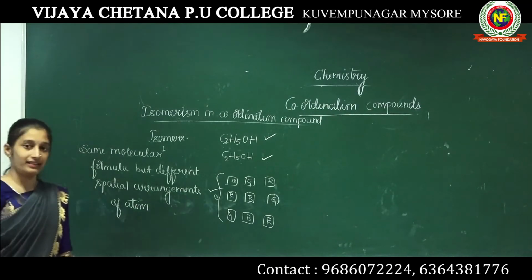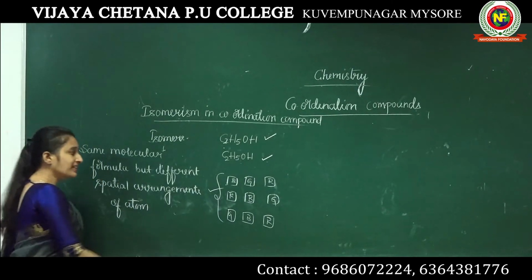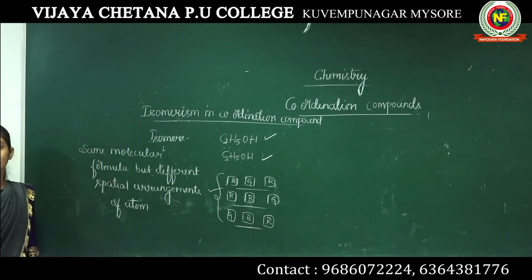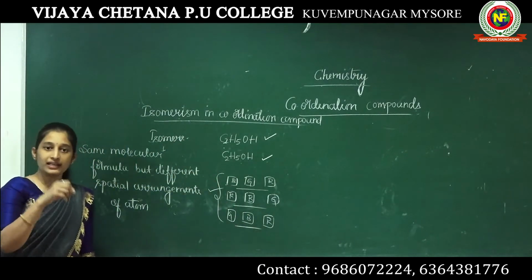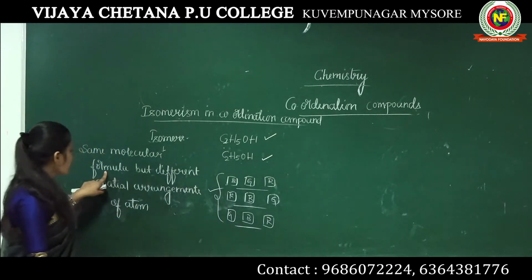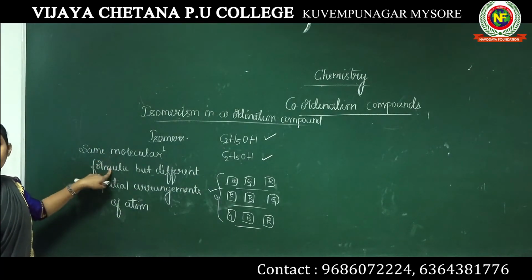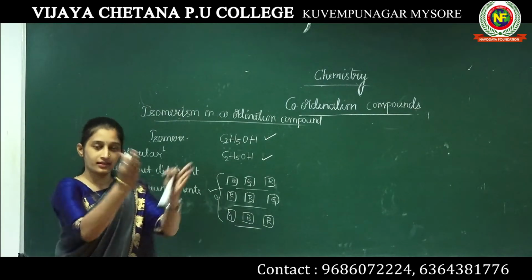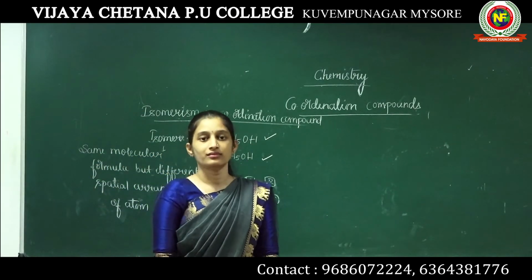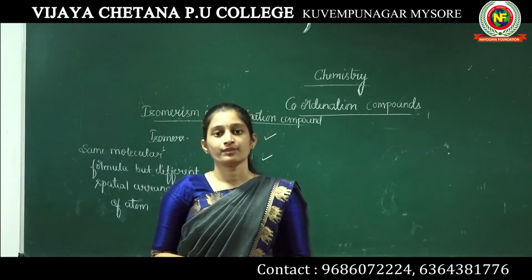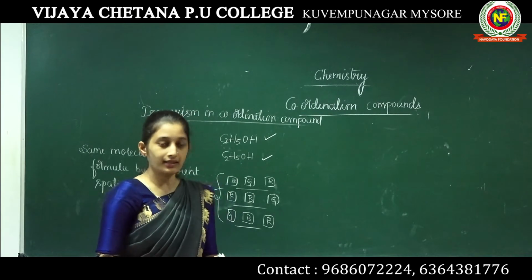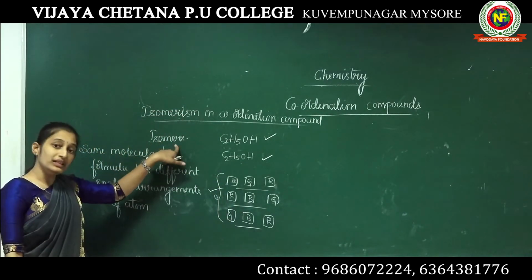Try to understand. Same molecular formula means the same 3 boxes. The colors do not change: blue, green, red. Same type, same molecular formula, but different spatial arrangement. Space means space, the universe, in this place, how it looks. Correct? That is isomers.